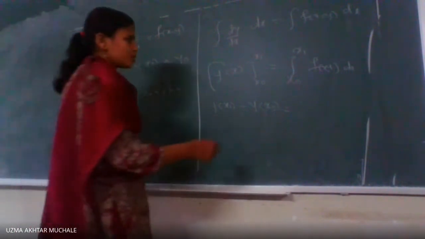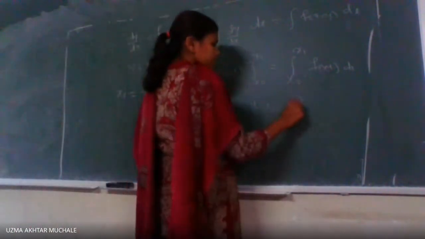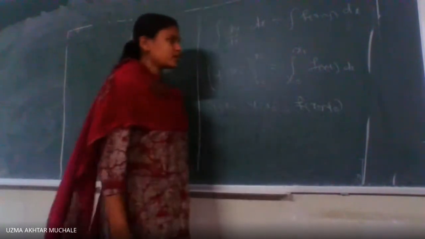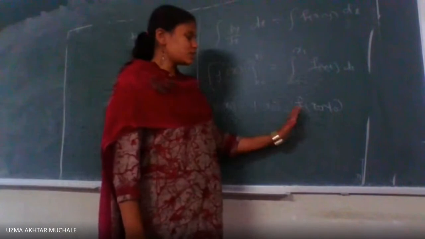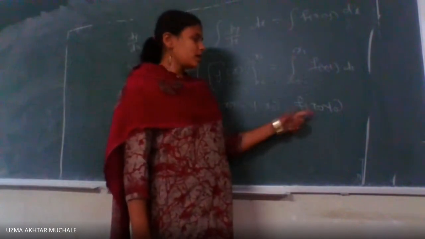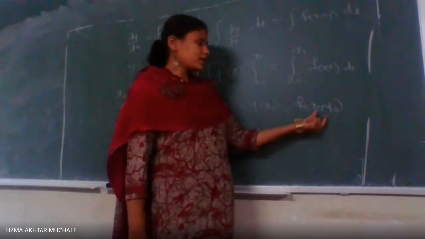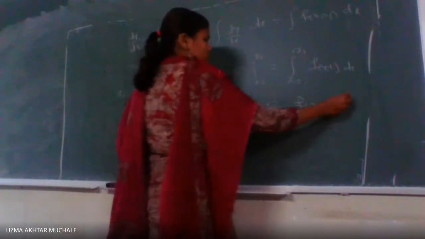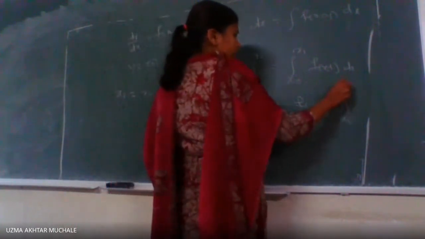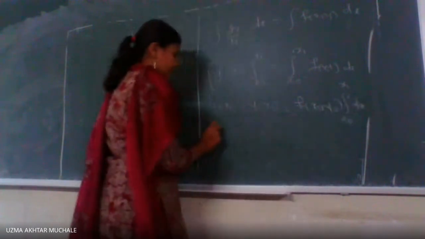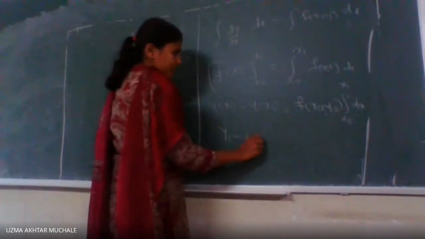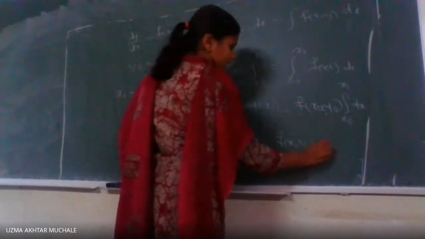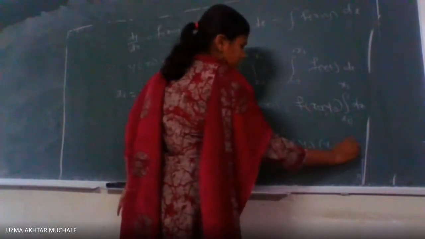Now let us assume that this f of x, y is simply f of x naught, y naught. Because we don't know what the function f is, let us assume the function will have some value at the point x naught, y naught. So the integration from x naught to x1 of dx. So this is nothing but y1 minus y naught equal to f of x naught, y naught, and here it is x1 minus x naught.